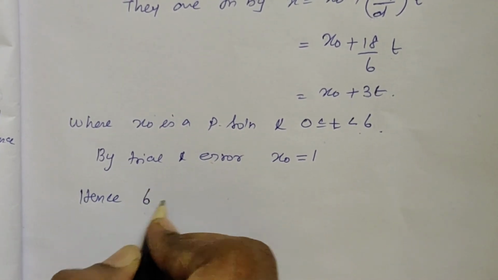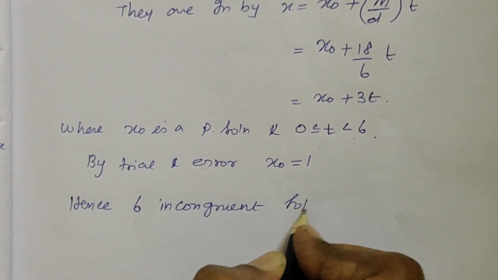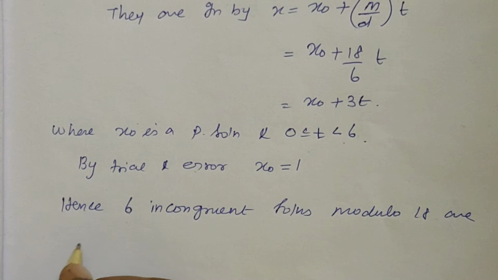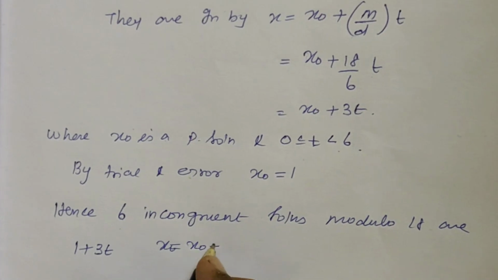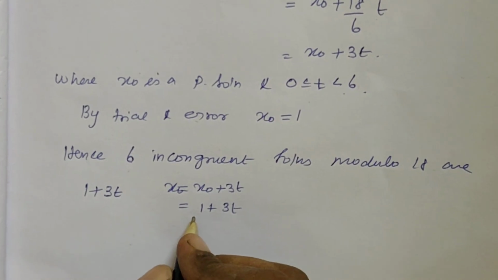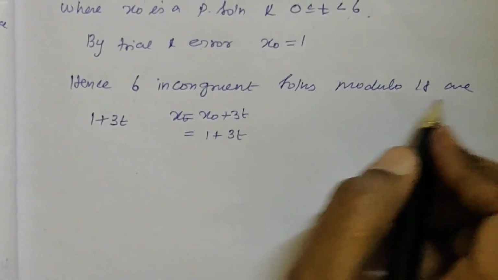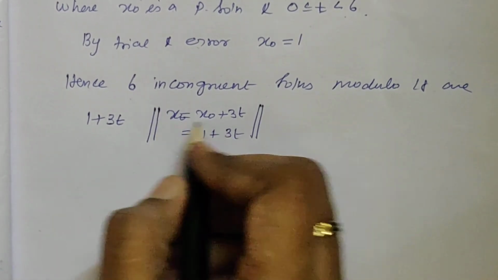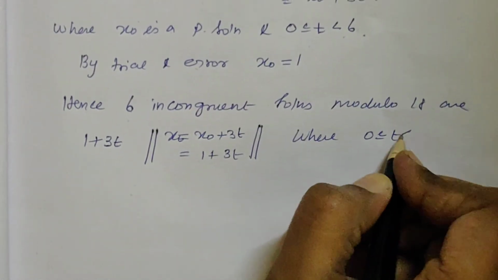Therefore there are 6 incongruent solutions modulo 18, which are 1 + 3t, because x = x0 + 3t. Here x0 takes one value, we select x0 equal to 1. Hence the 6 incongruent solutions modulo 18 are 1 + 3t, where t lies between 0 to 6.